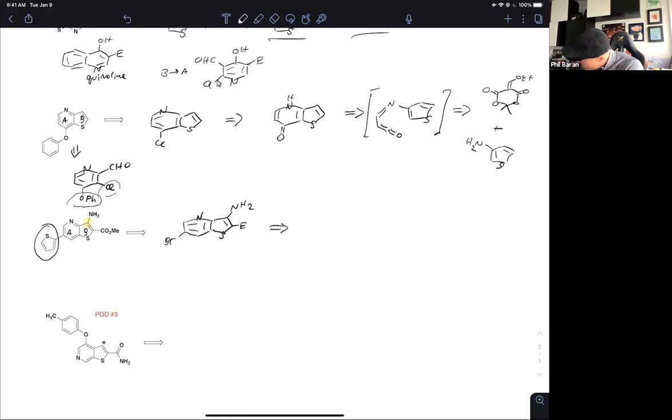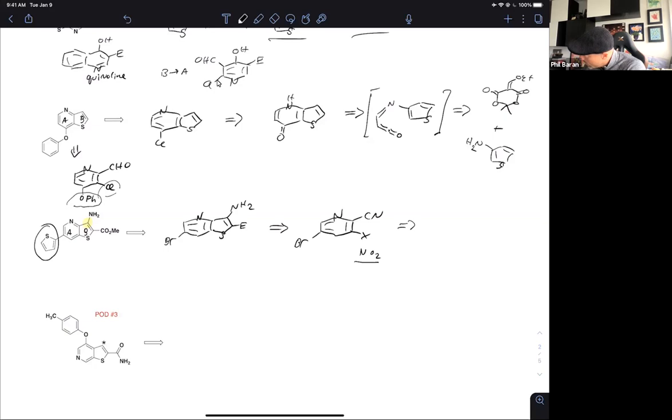And then you noticed a great disconnection, which is that. And in practice, this might be surprising to you, the X that they actually used here was NO2.